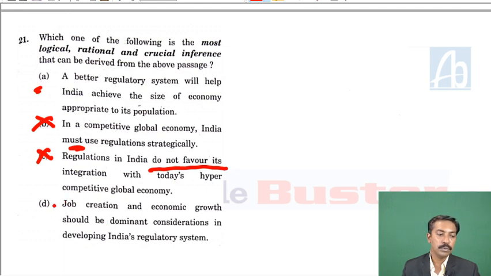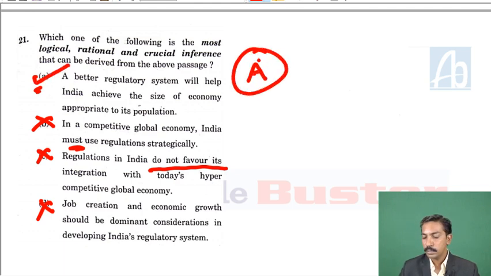Taking that as a clue, we can eliminate this, and option A can be taken as a choice because there is enough clue in the opening sentence as well as in the third sentence. India especially needs an effective long-term regulatory system based on collaboration rather than the current top-down approach. So the current regulatory system should be made better. Answer is option A for question number 21.